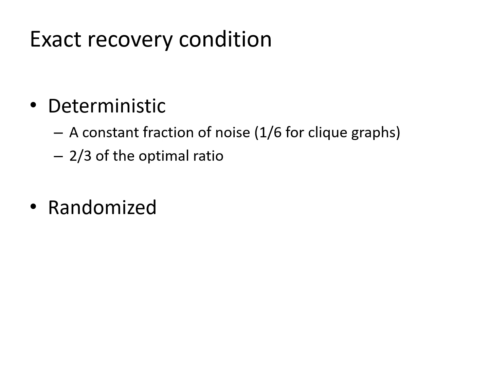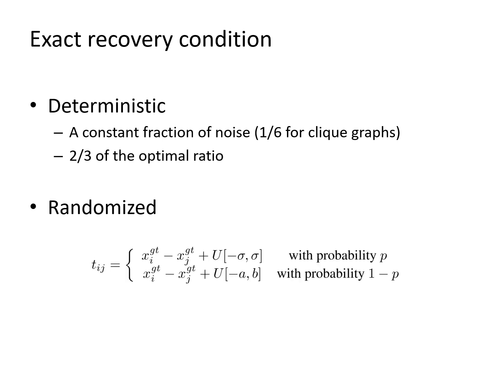So in terms of adversarial noise, it can tolerate about 1/6. It's slightly better than spectral methods, but not as strong as SDP. And in the randomized setting, this kind of iterative algorithm becomes very difficult to analyze.